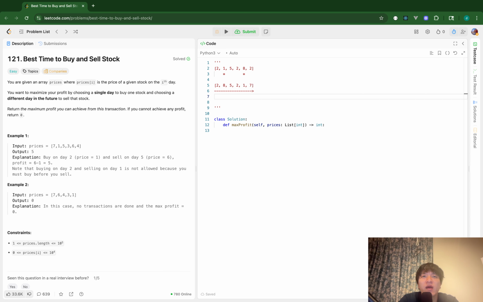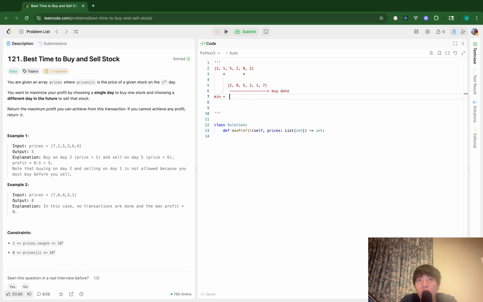So every time I traverse, I keep track of the minimum. Because obviously, I should buy the stock at the minimum price before the sell date. So what I mean to say is I traverse the sell date.